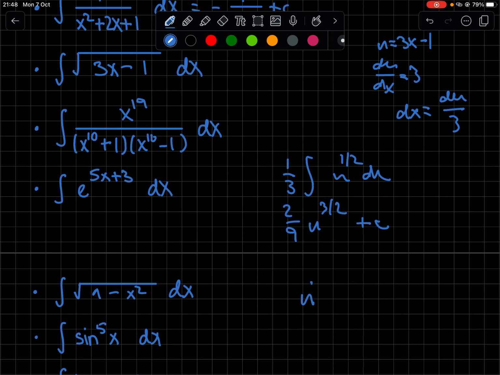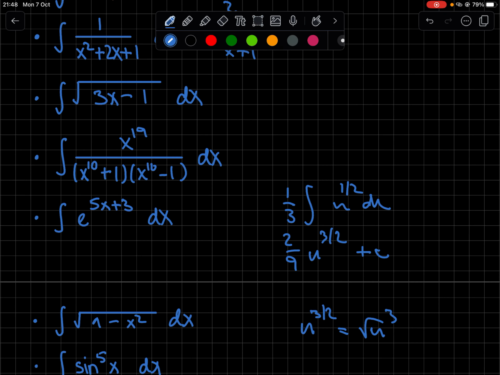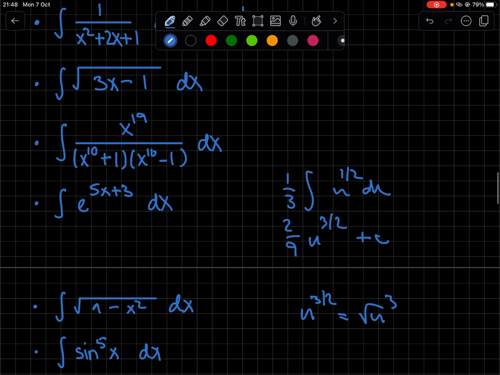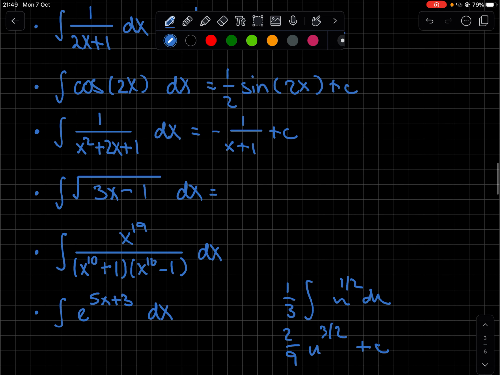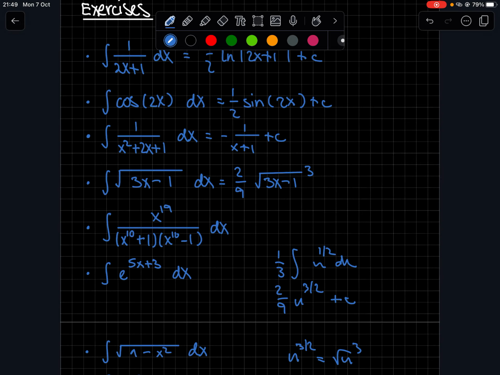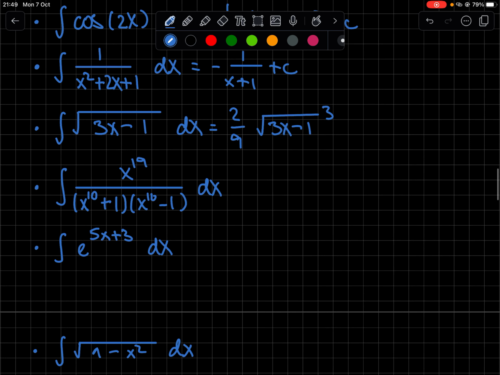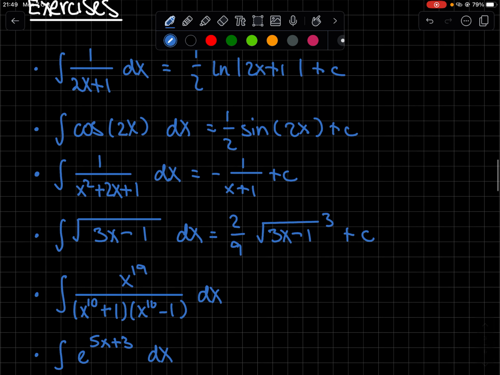And of course u to the power of 3 over 2 is the same thing as the square root of u cubed. Okay, so let's write that down with the u replaced by 3x minus 1. So we're going to get 2 over 9 times the square root of 3x minus 1 cubed, plus c. Okay, there we go.